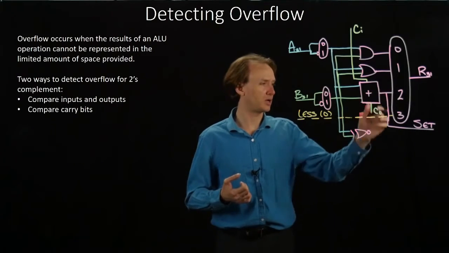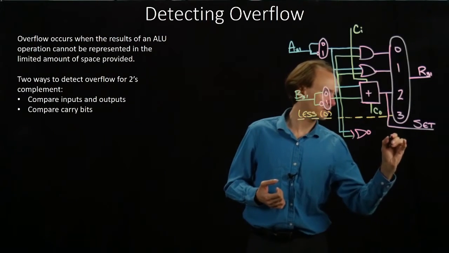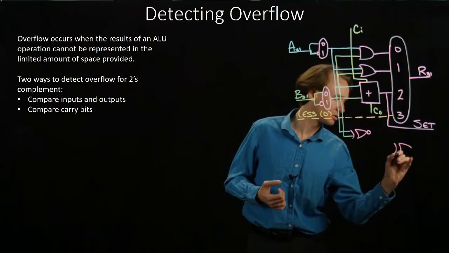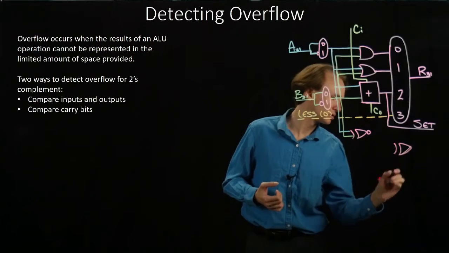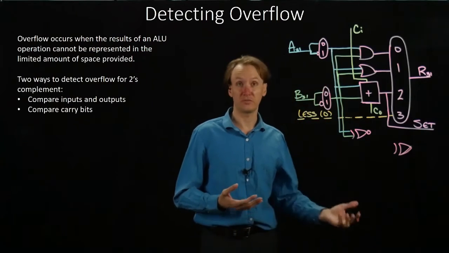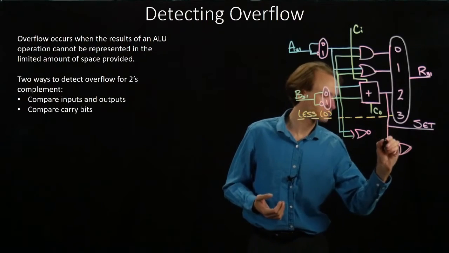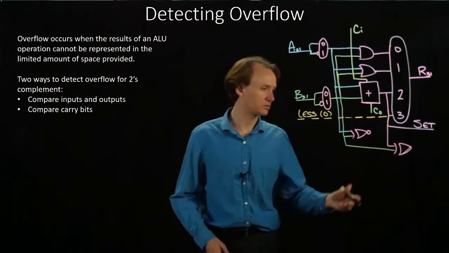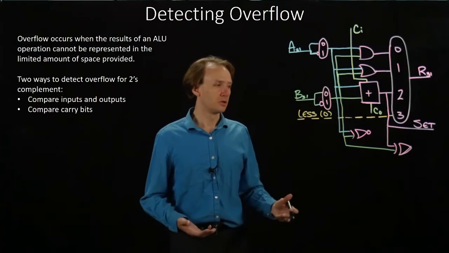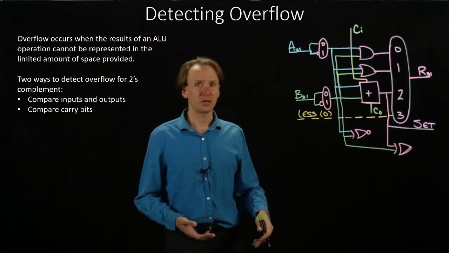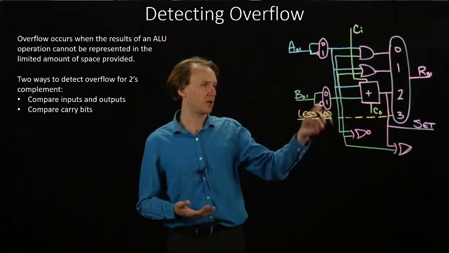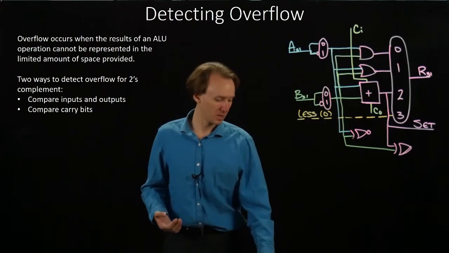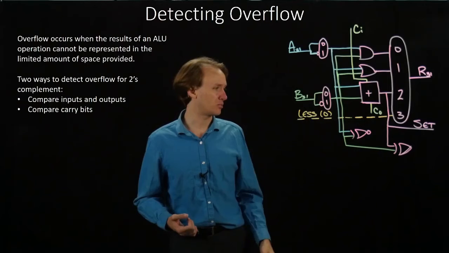This is the result of my addition, so I'd have another XOR gate because I'm interested in whether they have different parity this time. I will just pick the B line to send over there to the other XOR gate. If they both have the same parity, then it doesn't matter whether I send A or B, and if they have different parities, then I don't have overflow anyway. So it won't matter whether I use A or B.